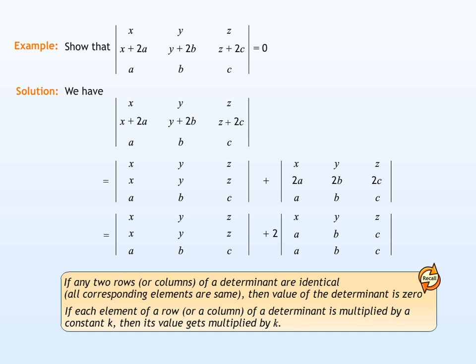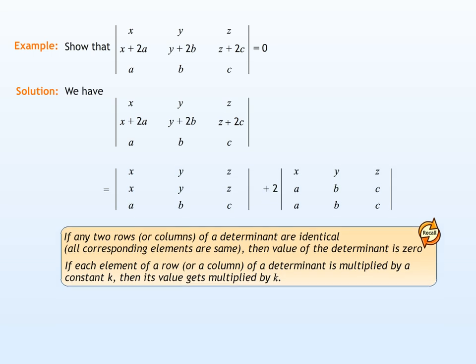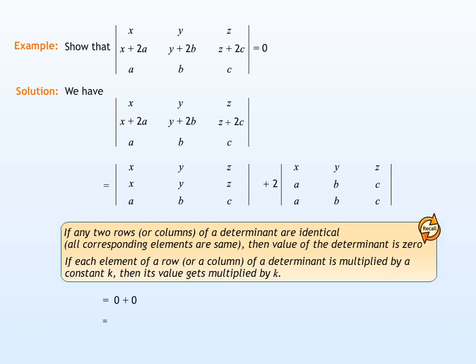Again, using the property, if any 2 rows or columns of a determinant are identical, that is, all corresponding elements are the same, then the value of the determinant is 0. We get the value of both the determinants to be 0. Hence, the solution is 0 plus 0 is equal to 0.